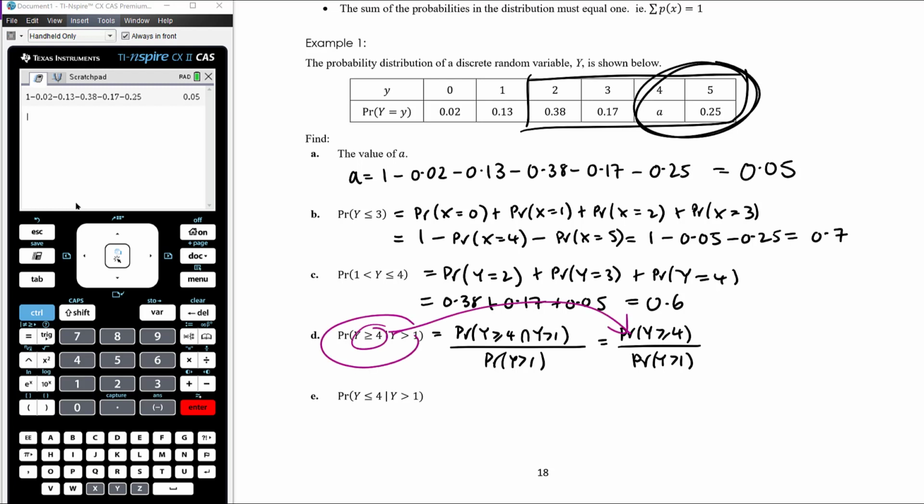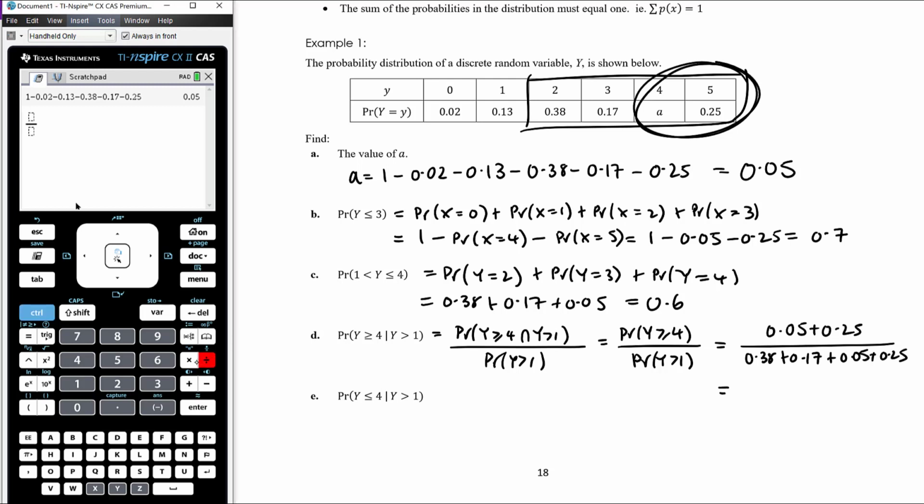It's not always this divided by this. It just happens here that the intersection of those two things is equal to the probability that y is bigger than or equal to 4. So that's A, which is 0.05 plus 0.25, over the probability y is greater than 1, which is 0.38 plus 0.17 plus A, which is 0.05 plus 0.25.